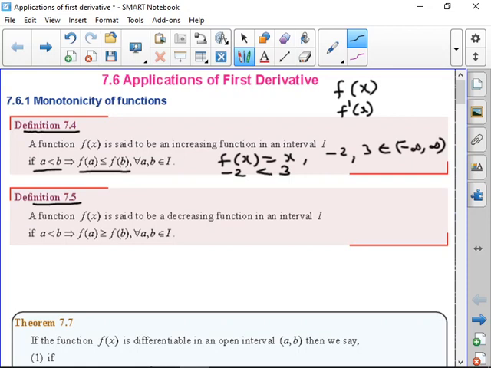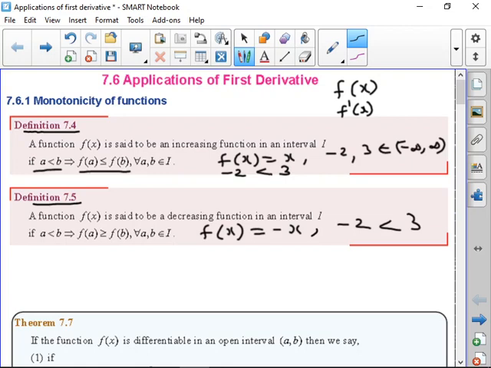The same example we cannot take, since it is an increasing function. Consider f of x equal to minus x, but we will take the same elements, minus 2 and 3. Minus 2 is less than 3.